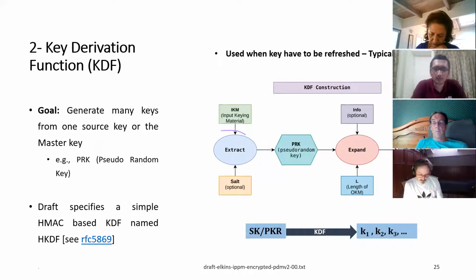So the expand function uses it to produce the output key material. This is the session key, for example K1 is here, and the L variable tells you the output key length. So the basic goal to adopt this is to generate many keys for our multiple sessions.